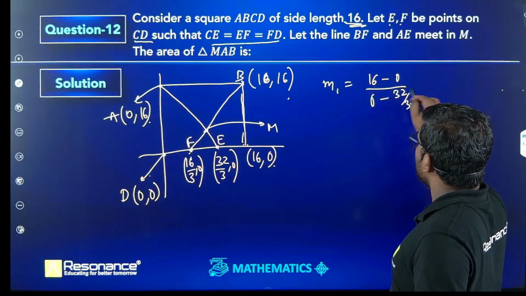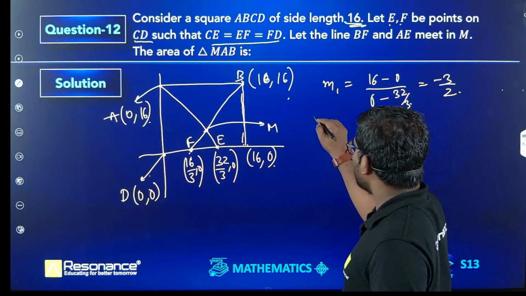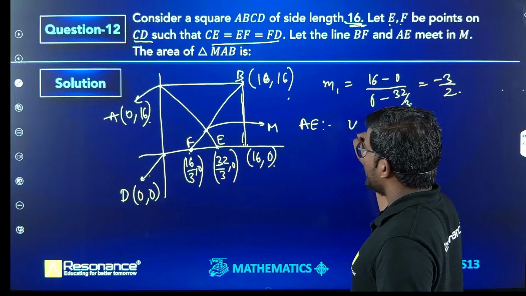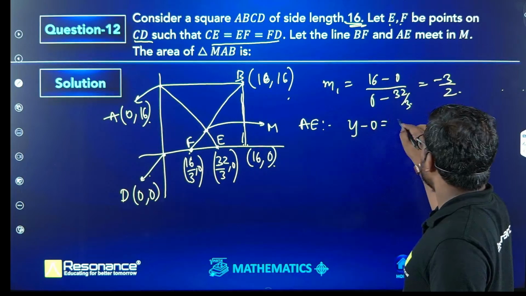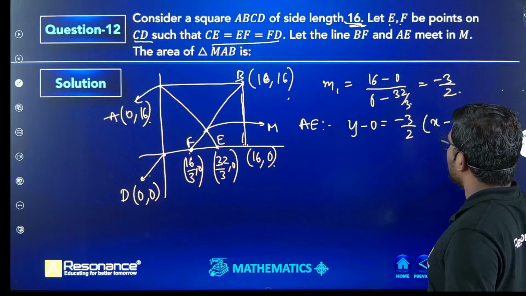So the slope would be minus 3 by 2, and the line thereafter would be y minus 0 is minus 3 by 2 into x minus 32 by 3.